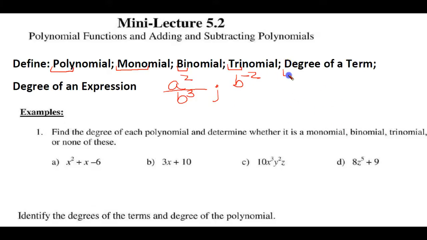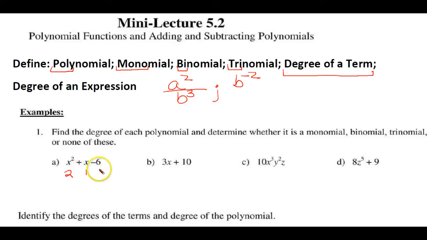Now, for degree of a term, and we'll see that down below here, what we do is we add up, let's do this one right here. The degree of a term is the sum of the exponents within a term. So here the degree of this term, remember terms are separated by either plus or minus, this would be 2. Here the degree of this is 1.